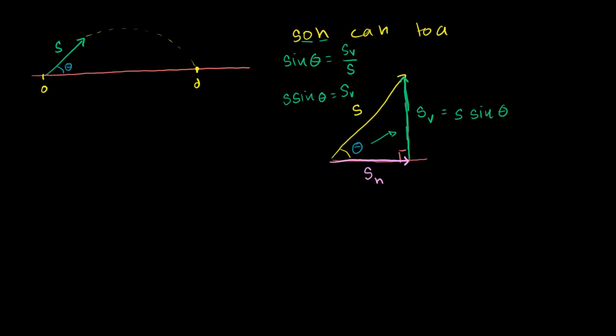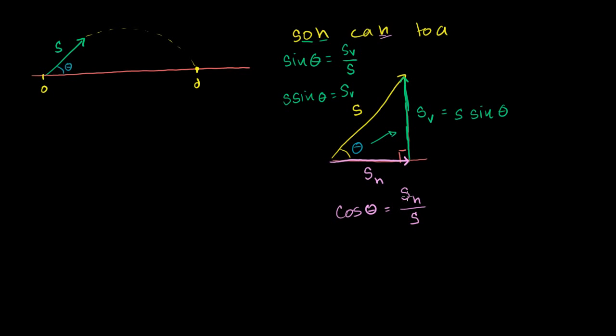And now for the horizontal component, we do the same thing, but we don't use sine anymore. This is now adjacent to the angle. So cosine deals with the adjacent side and the hypotenuse. So we could say that the cosine of theta is equal to the adjacent side to the angle, so that is the horizontal speed, over the hypotenuse, which is s.